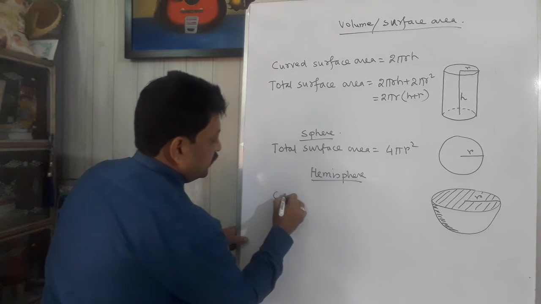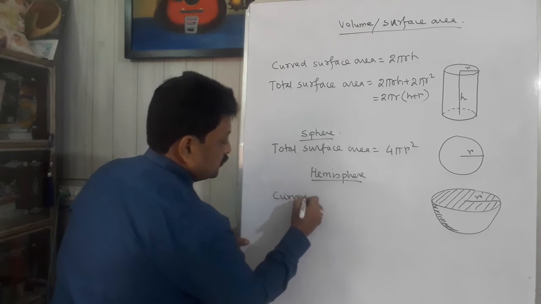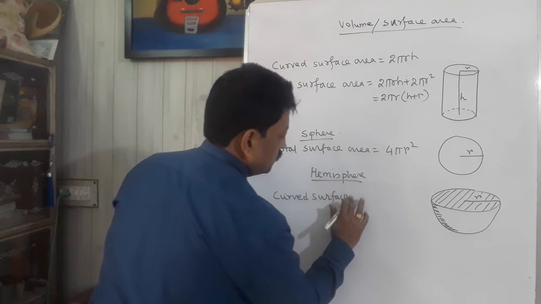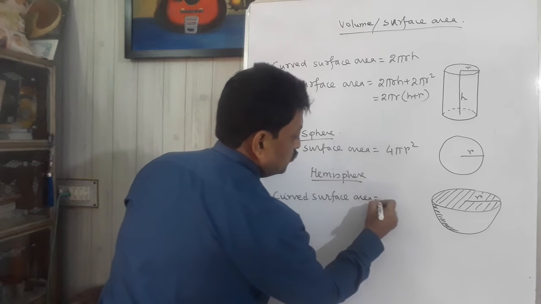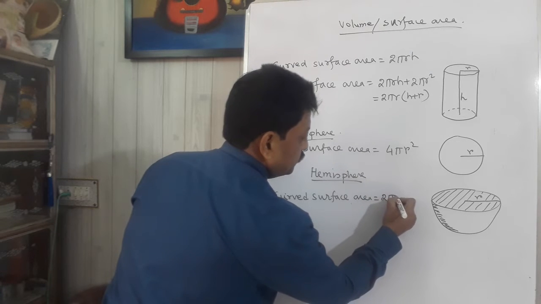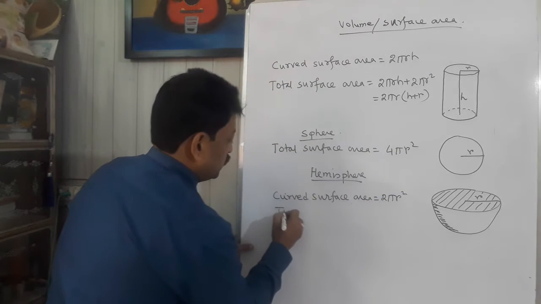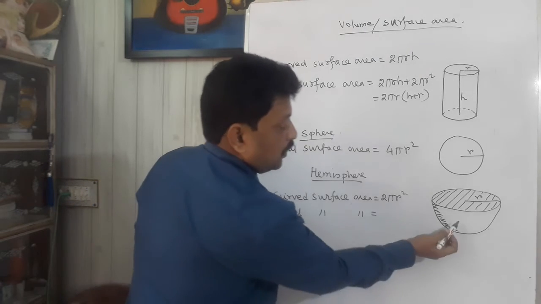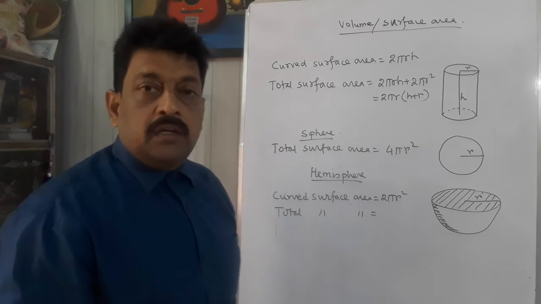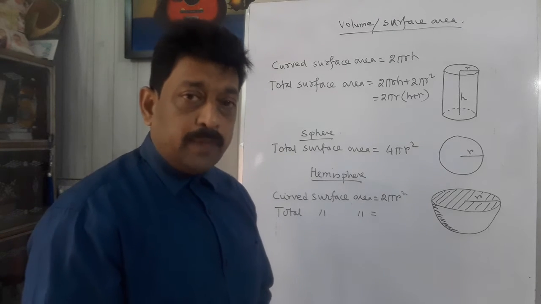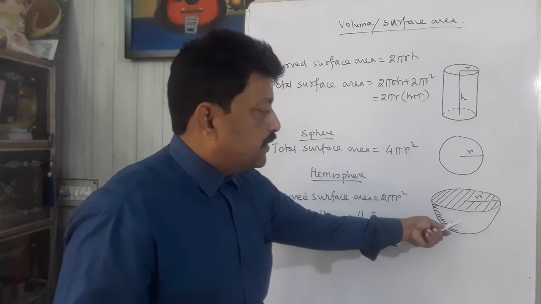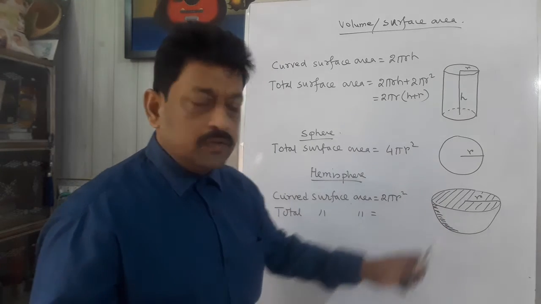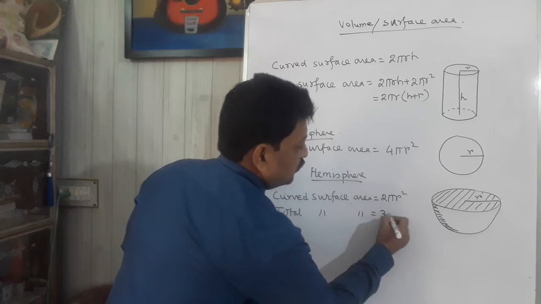Curved surface area equals 2 pi r square, and total surface area, since the top is a circle, so area of circle is pi r square. So curved surface area is 2 pi r square and area of the top is pi r square. So total it will be 3 pi r square.